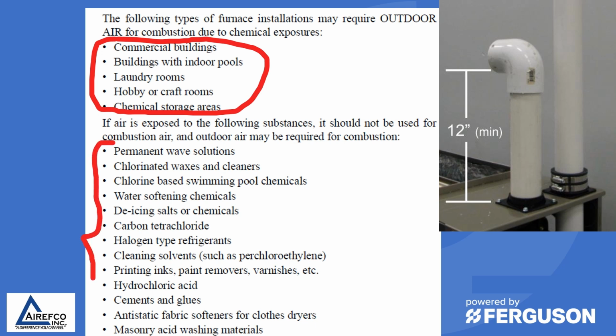If the air is exposed to these certain substances that they list here, outside air must be brought in for combustion, because these solutions will damage the secondary heat exchanger and could cause premature failure.